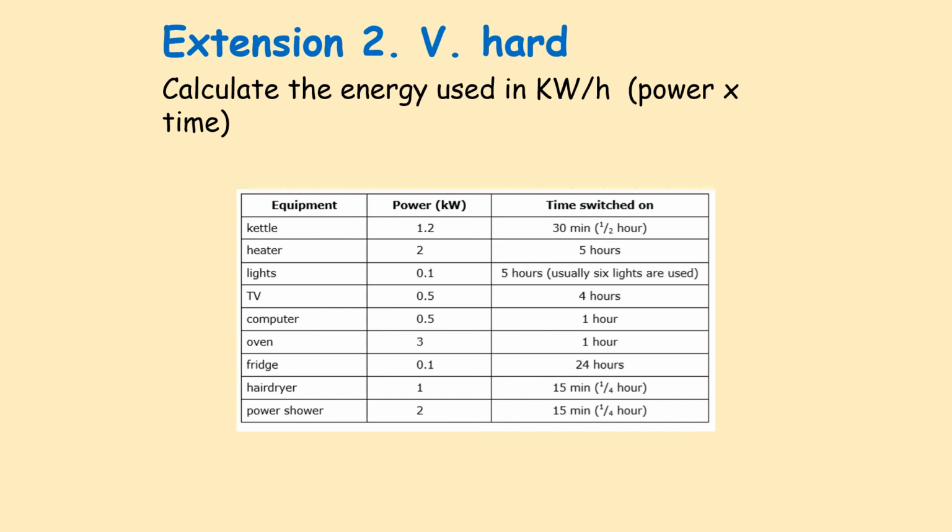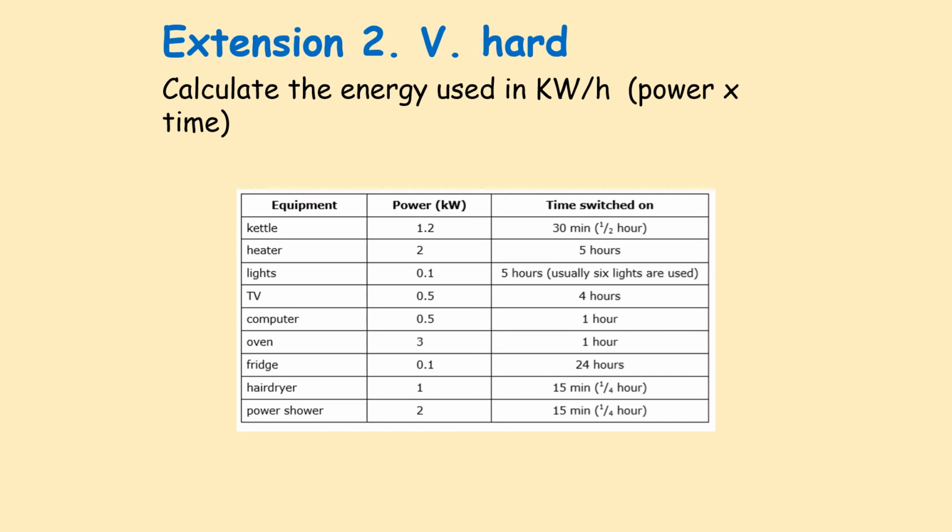Okay, so here is your next extension. Now, this might look really hard to start with, but really it isn't. I'm going to break convention, and I'm going to give the example of the oven. If you look at this list of equipment, we've got the kettle, heater, lights, TV, computer, oven, fridge, hairdryer, and power shower.